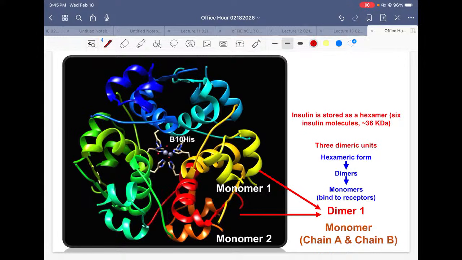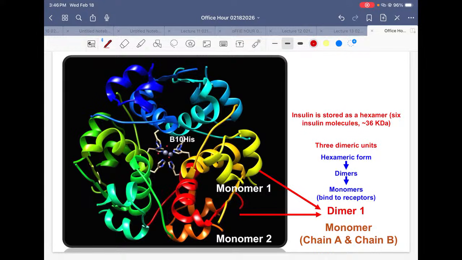So the question was about the zinc in here, how that works, right? The monomer has two chains, A and B, B being the short one, and B has two histidines, at least two, and the histidine number 10 is the one that binds to zinc.